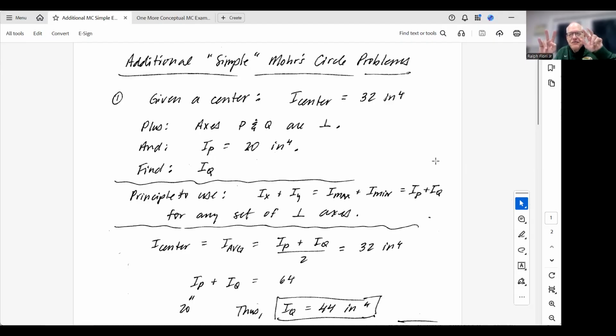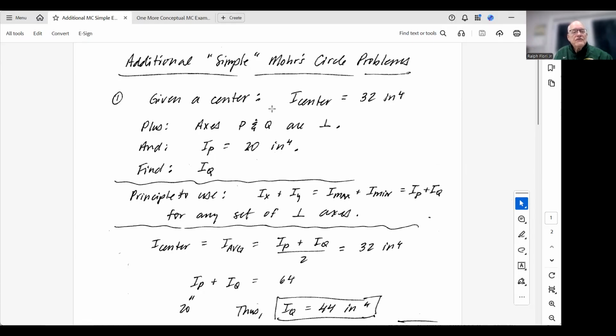I admit it's tricky. I know how to work these problems, and it's tricky. Which is why we're practicing, to get your brain wired properly, to get these problems right on your exam 4. And these are additional simple Mohr Circle problems.